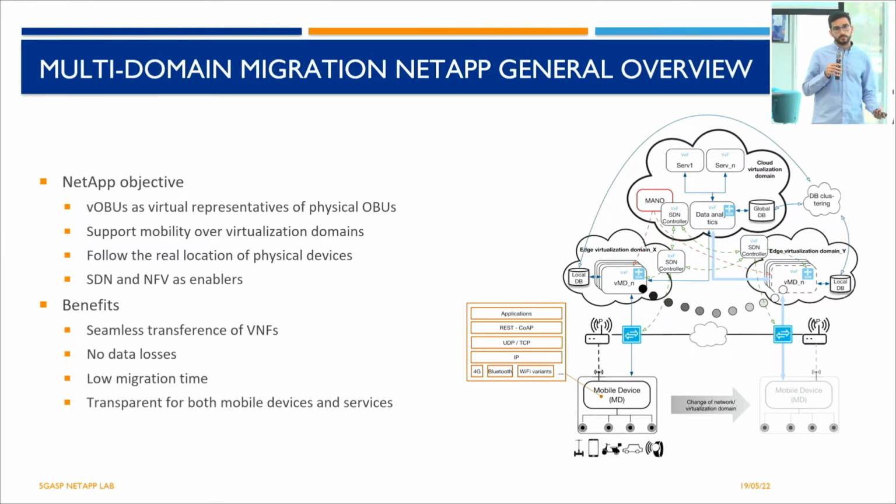What we get is seamless transfer of these VNFs between the different domains. We also obtain no data losses, because we try to maintain the state until the new instantiation of the virtual OBU is ready. We achieve a low migration time between domains, and we make it transparent for the final devices.